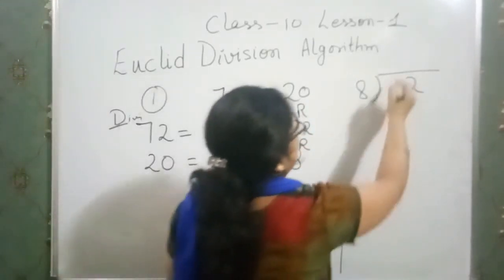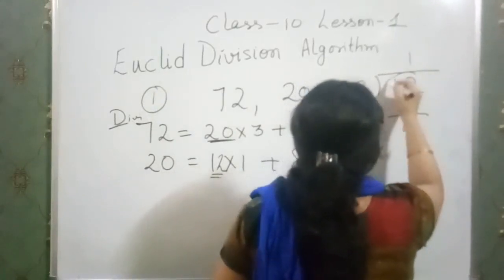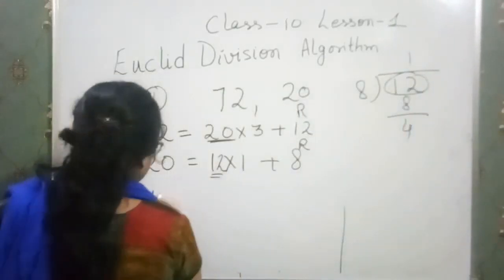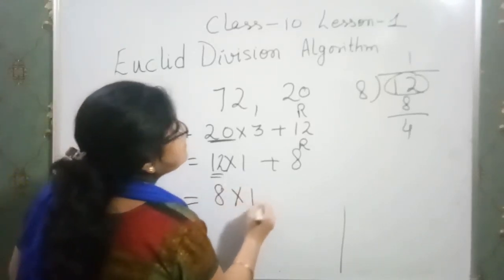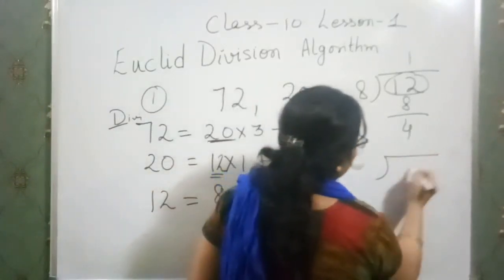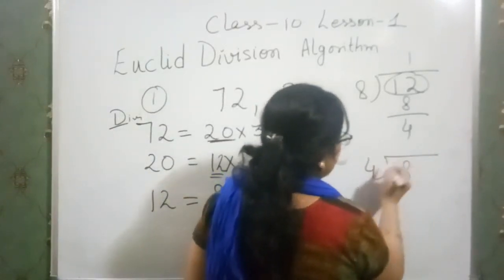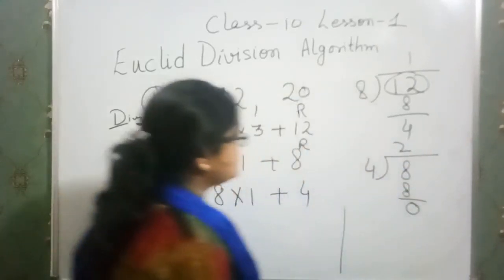Clear? Now 8 ones are 8. We are left with 4. So we again write 12 here and 8 into 1 plus 4. Clear? Now write 8 inside here, 4 here, 4 twos are 8. It becomes 0.